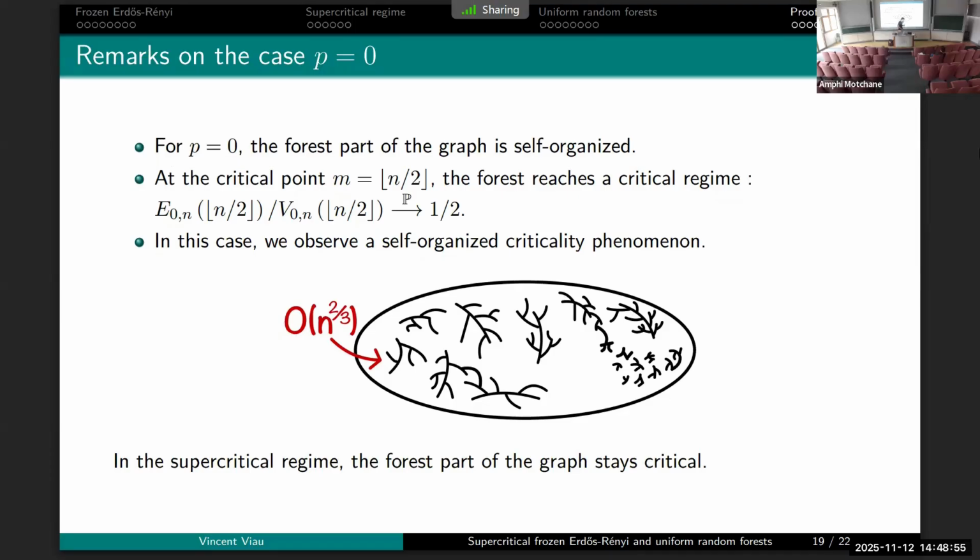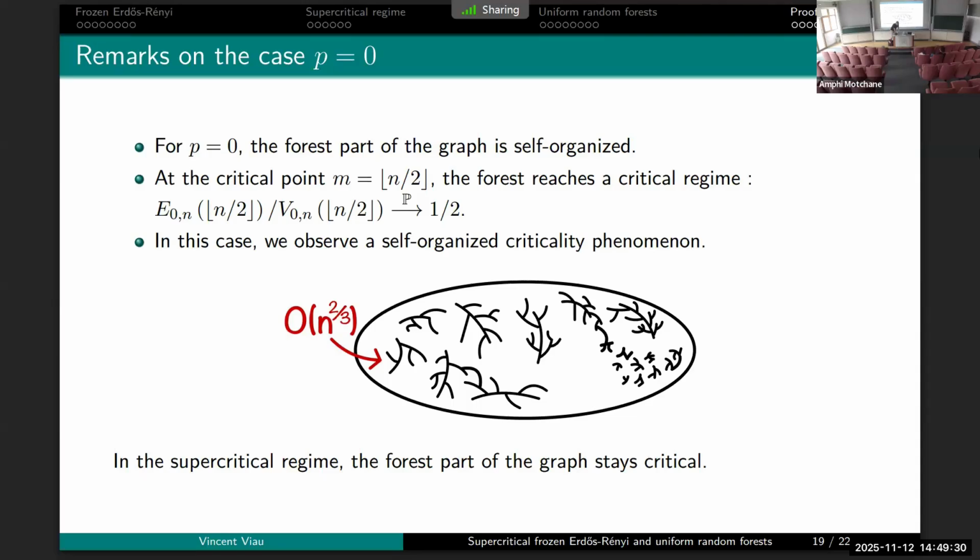But the fact is that since there is no interaction with the frozen part of the graph, the smallest components that are represented right here will not freeze. They first have to grow a little bit and merge with other trees, but they will not freeze. Okay, so this is the main difference with the case when P is positive. When P is positive, you have a subcritical forest with small components that are attracted by the frozen part of your graph.